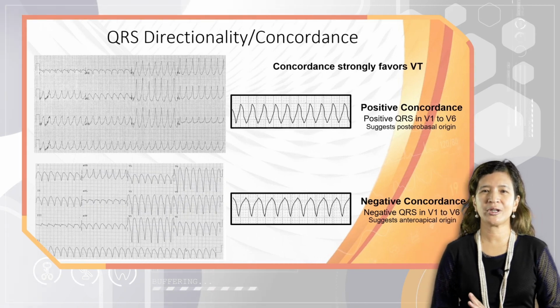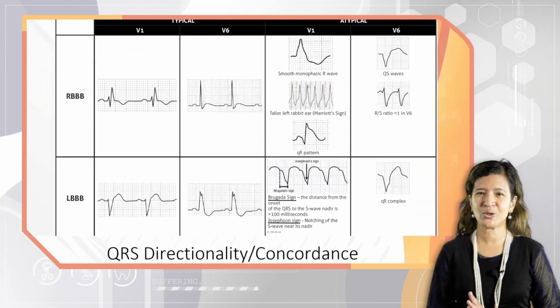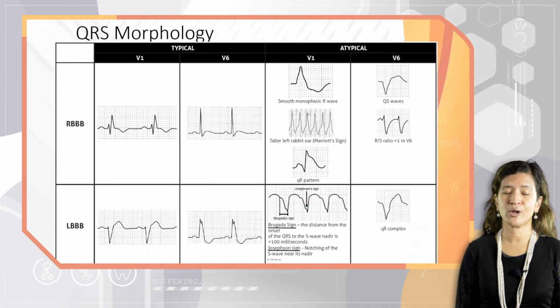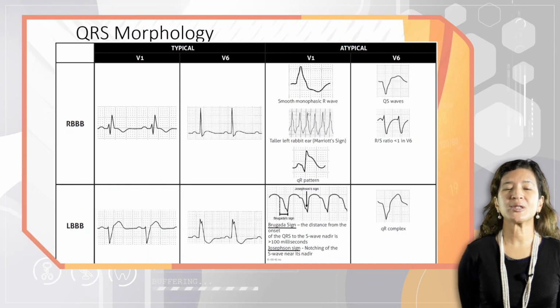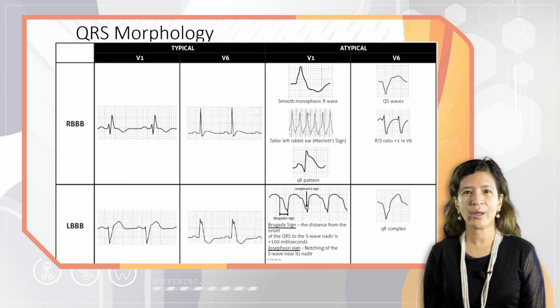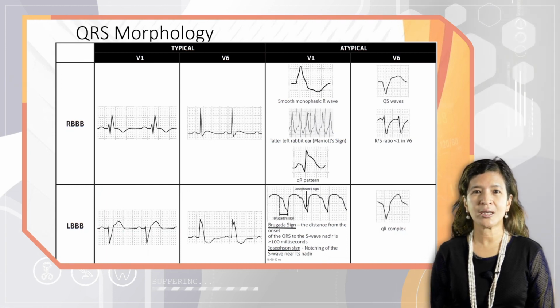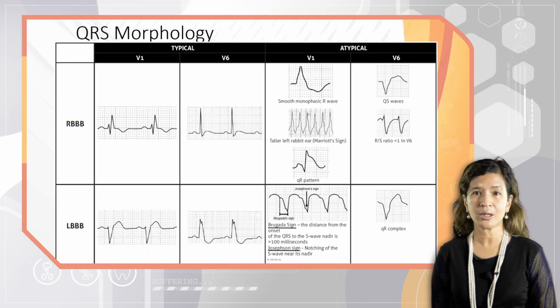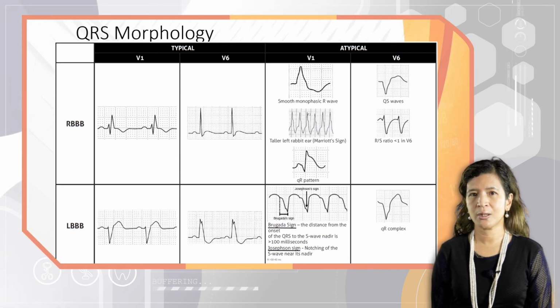Now, the most useful criteria I find, because you can apply it to all patients, is the use of QRS morphology. The basic principle when using the morphology criteria is to determine whether the morphology is typical, meaning it looks like the usual bundle branch block, or atypical.